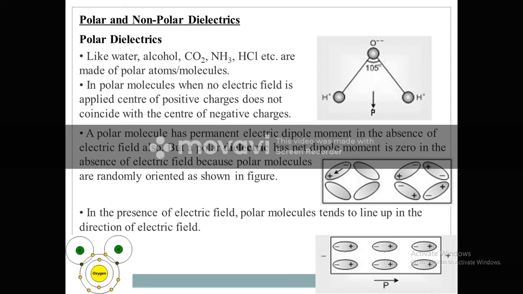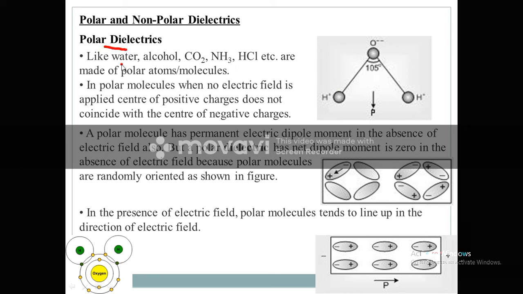If these permanent dipoles are placed in an electric field, they get aligned. For example, water is an example of a polar dielectric.